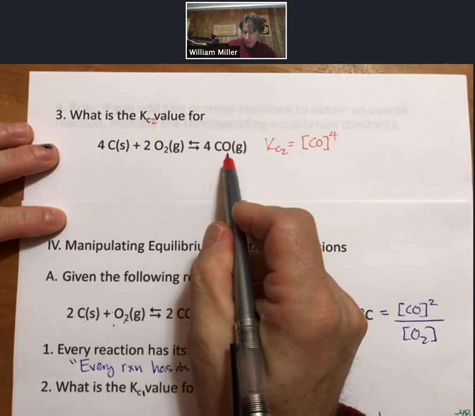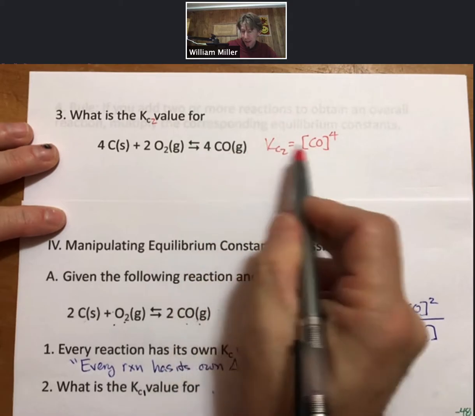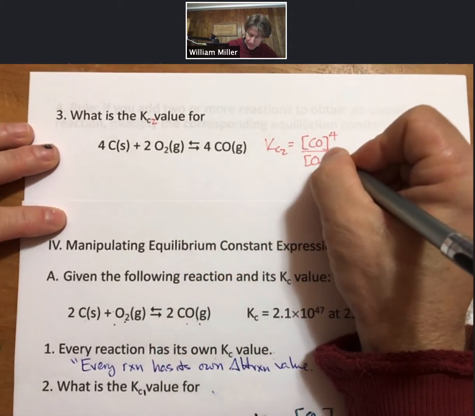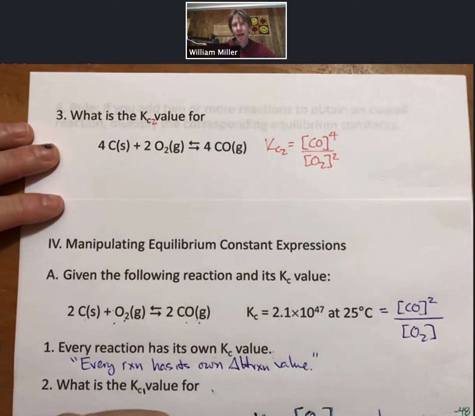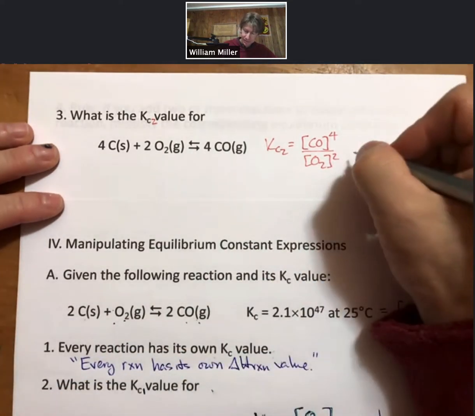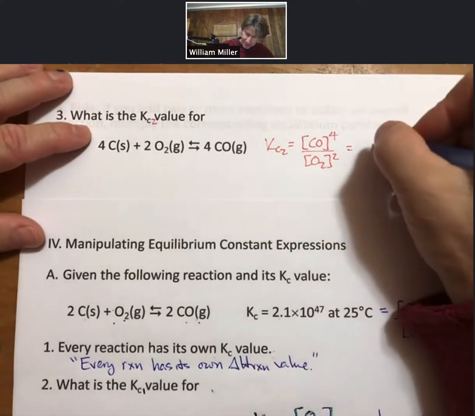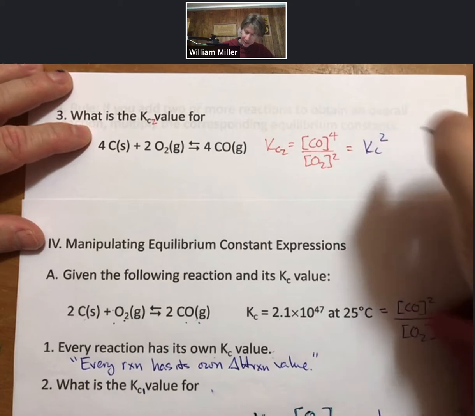will be the expression: carbon monoxide concentration to the 4th power over oxygen concentration squared, which equals Kc squared.